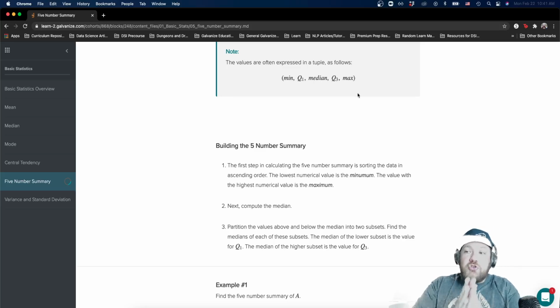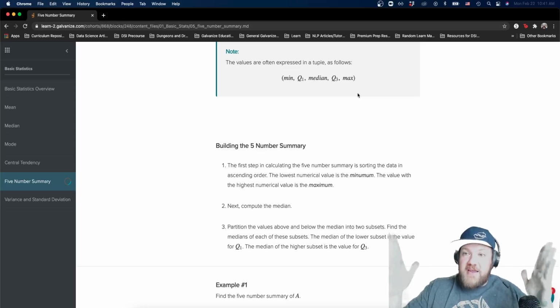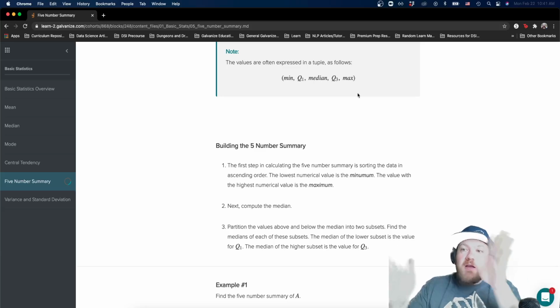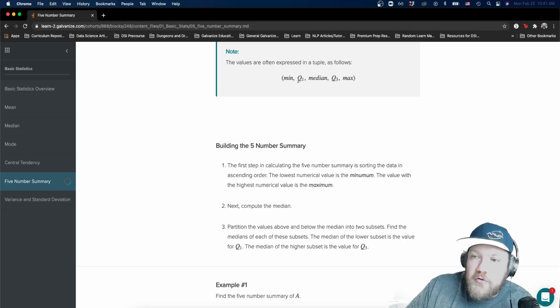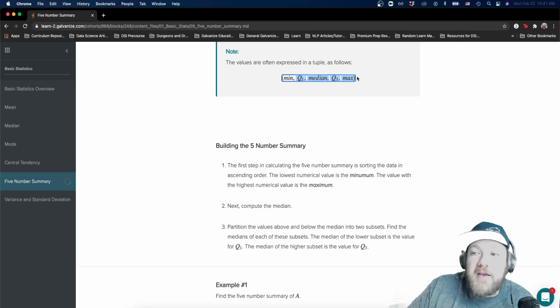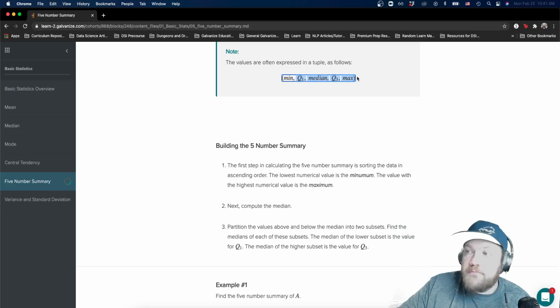So I do have an idea of the overall spread of my data, right? But I also have an idea that really most of the data is above 100, right? If Q1 was 100, even if the minimum was 27, that's saying 75% of my data is greater than 100, right?